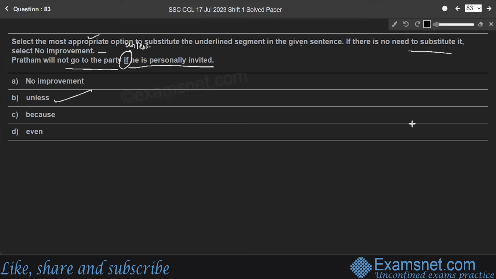So unless means except if, right? Except if he is personally invited. Here the word unless determines the condition why Pratham will not go to the party, right? Therefore, unless is the right answer. Option B.